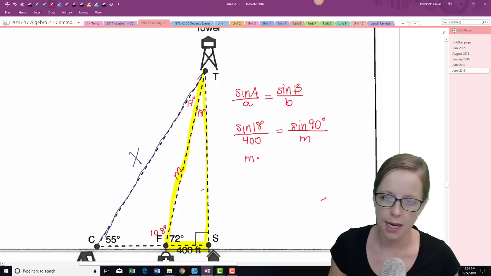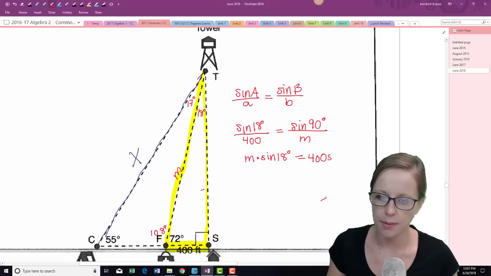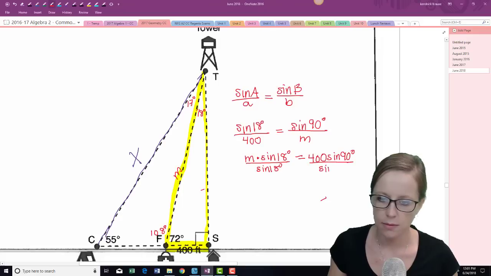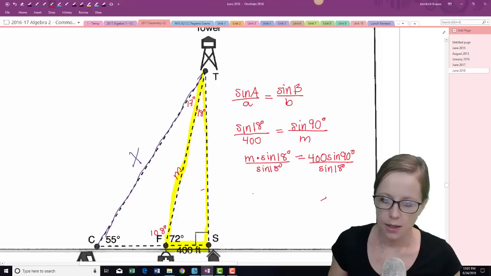So M times the sine of 18 degrees is equal to 400 times the sine of 90 degrees. To get M by itself, we divide by sine of 18 degrees. I'm going to get a crazy whacked out decimal for that.